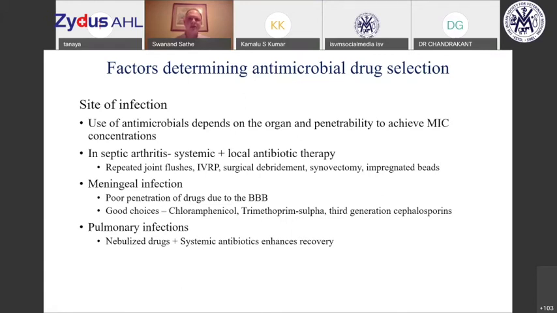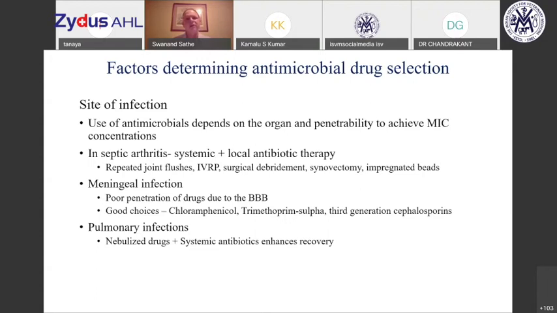For example, in septic arthritis, we recommend doing systemic as well as local antibiotic therapy. Systemic therapy will raise your MIC values in plasma, but sometimes because of the structure of the joint, you may not achieve good penetration of antibiotics within the joint capsule. In those cases, we do use local antibiotic therapy.